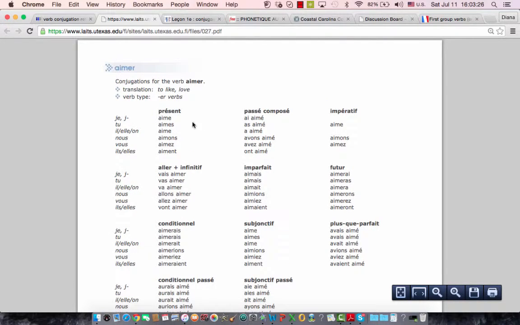J'aime, tu aimes, il aime, elle aime, on aime, nous aimons, vous aimez, ils aiment, elles aiment. And, of course, the phonetic event of liaison in the plural person. Nous aimons, vous aimez, ils aiment, elles aiment.